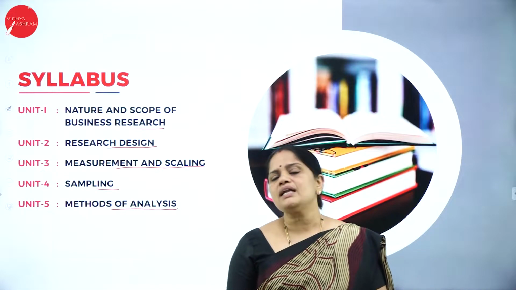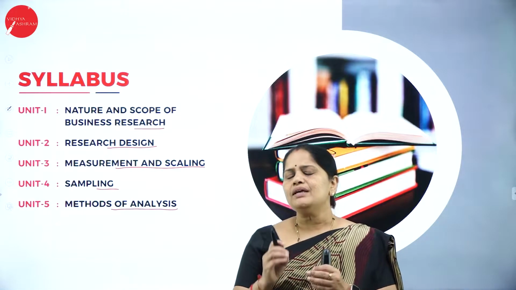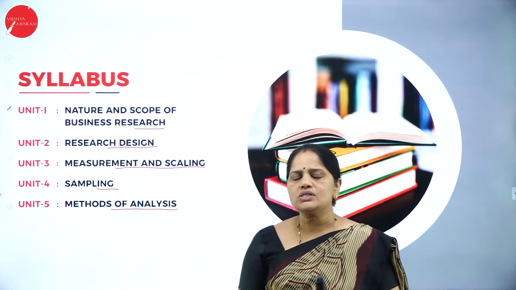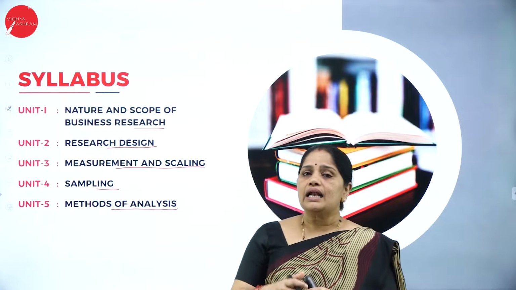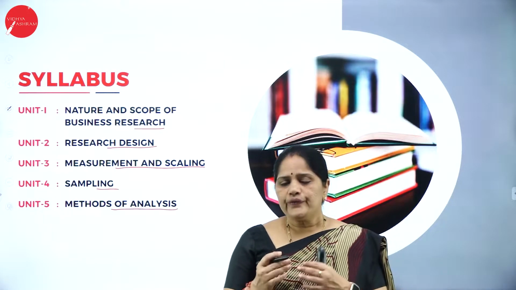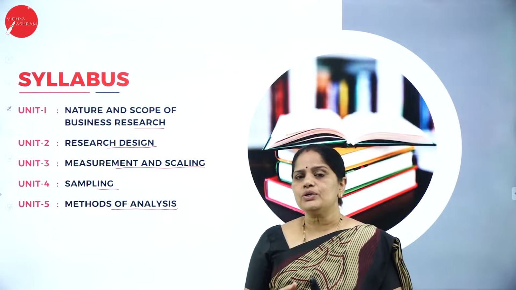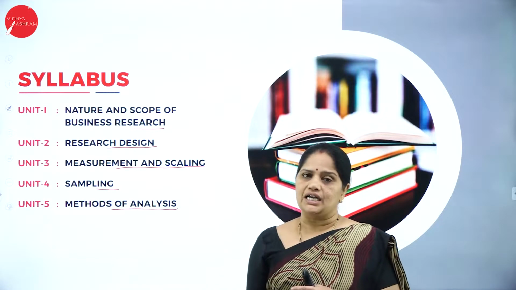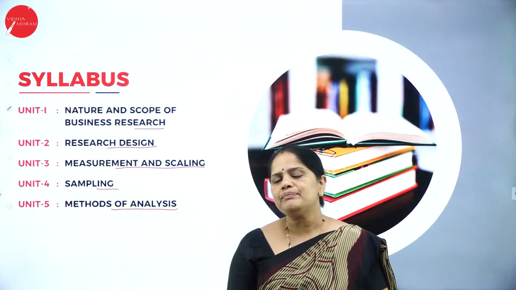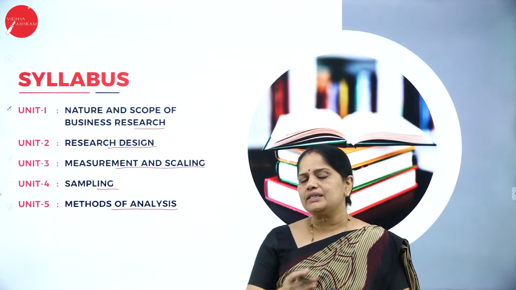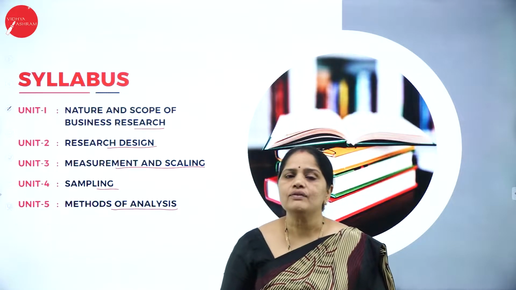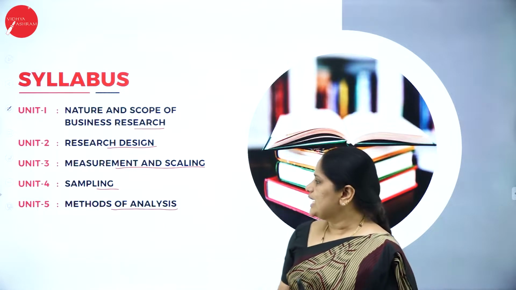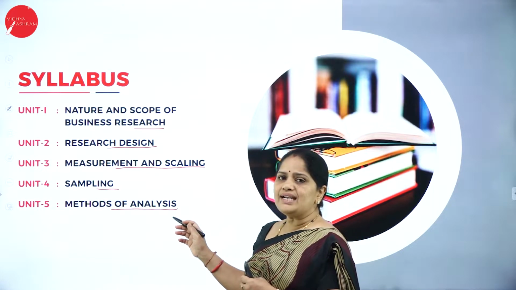Whatever results we have collected, we will make use of statistical tools, and there are various other tools through which we will be able to measure the data, and then we come to a conclusion. Whatever methods we follow, all that will be there, and then we come to a conclusion, so that we will be studying in Unit 5.